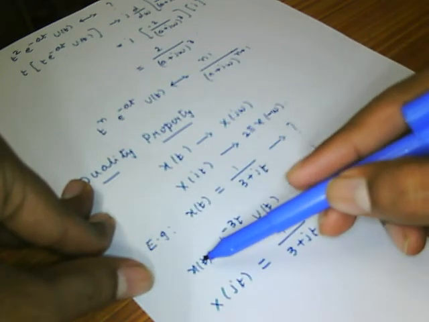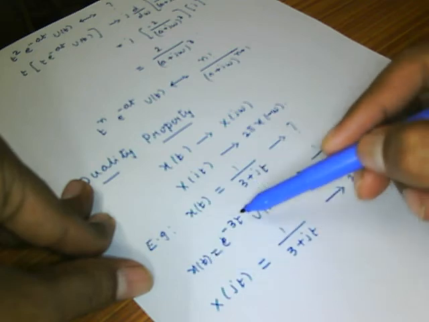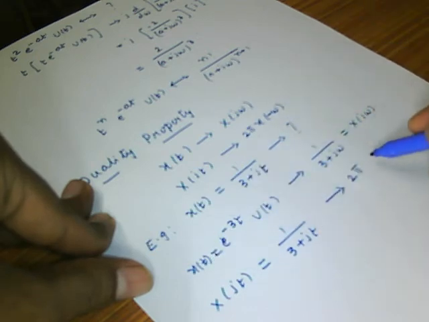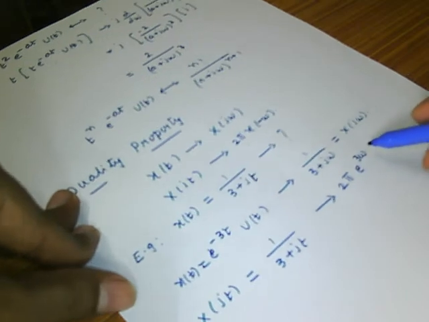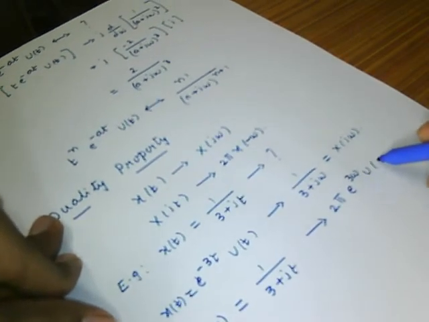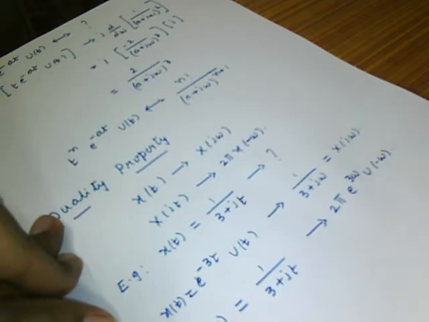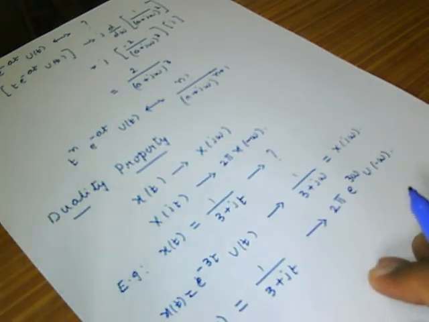Minus omega means wherever there is t, replace it with minus omega. So this will be equal to e power 3 omega into u of minus omega. So 1 by (3 plus jt) will have 2 pi into e power 3 omega u of minus omega as the Fourier transform.